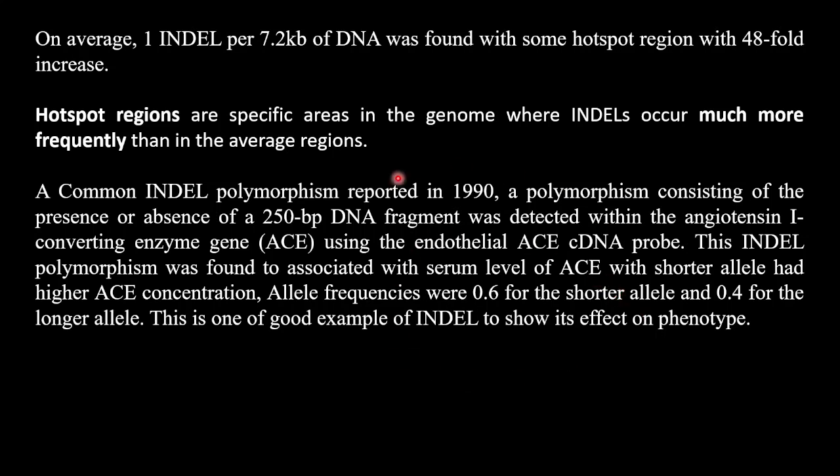So polymorphism you can find in any gene. It shows its effect on the phenotype. If the polymorphism is producing the shorter allele, there will be high ACE concentration and high blood pressure, like that.